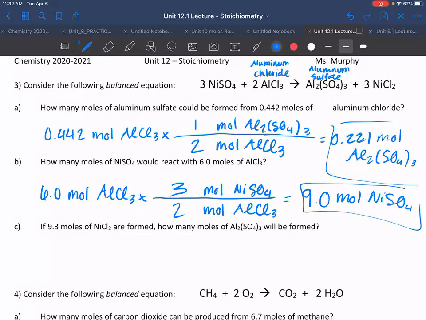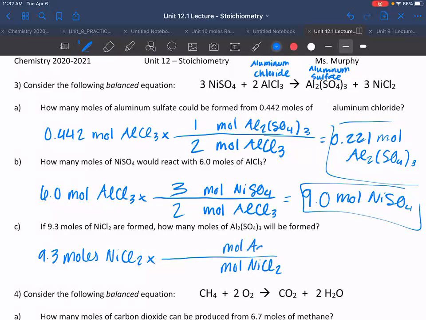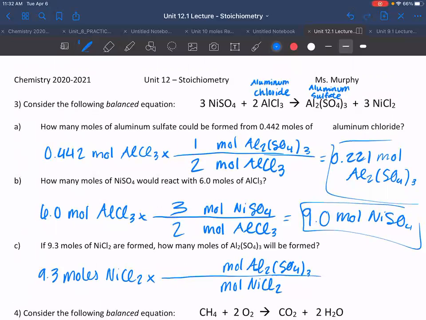Next one. If I have 9.3 moles of NiCl2, I need to figure out the molar ratio going from NiCl2 to aluminum sulfate. So I'm putting moles of nickel chloride on the bottom, moles of aluminum sulfate on the top. And then if I look at the balanced equation, aluminum sulfate doesn't have a coefficient, so that gets a 1.